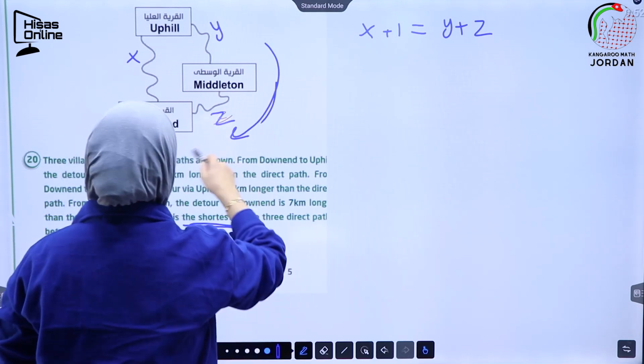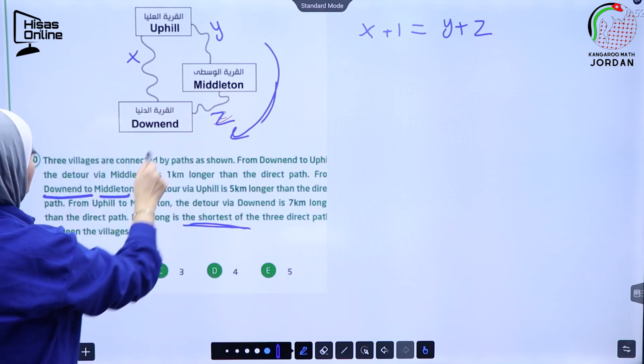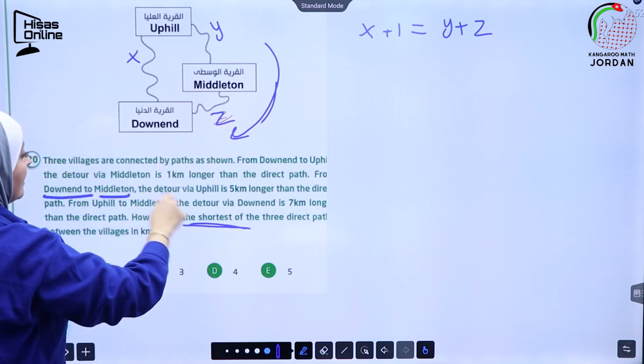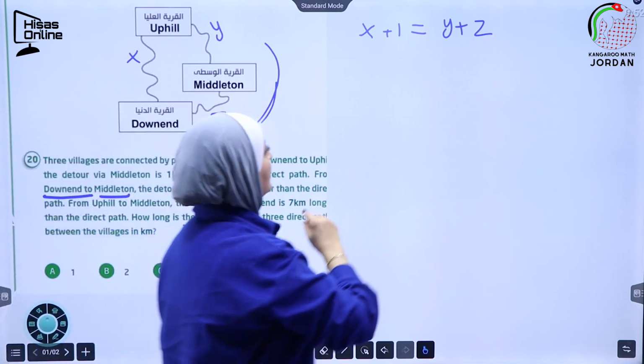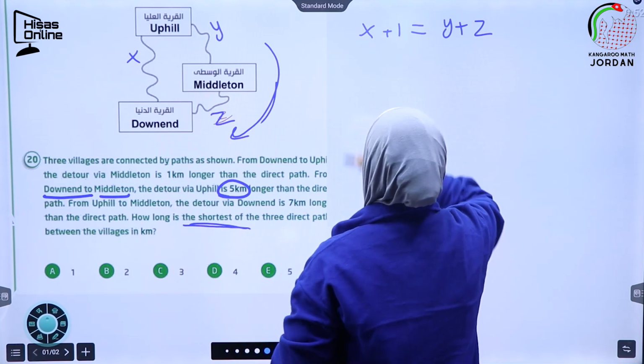The second equation, they say from the down to the middle, which is Z, is 5 kilometers longer. The long road is 5 kilometers longer than the short.